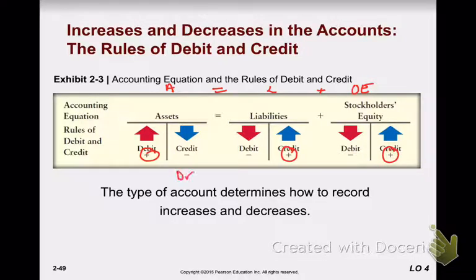Hence, debits equal credits, assets increase on the debit side, and liabilities plus owner's equity increase on the credit side. Once you know which side is an increase, then you understand the other side is a decrease. Please be sure you have this memorized and you understand that, because these are the rules of debits and credits, and this is going to build our foundation for the remainder of the course.